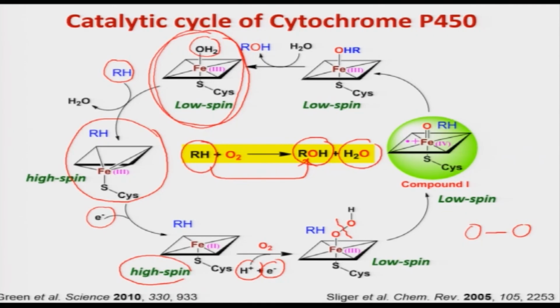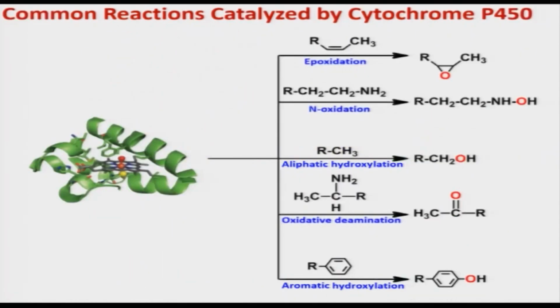So, many research groups utilize this molecule for transforming lots of organic substrates into various species in the laboratory. So, the key step is this iron 4 oxo, and you can see that lots of substrates can be hydroxylated, and this oxo group can be inserted, whether it is epoxidation, whether it is oxidation, whether it is aliphatic hydroxylation, whether it is oxidative deamination, whether it is aromatic hydroxylation.